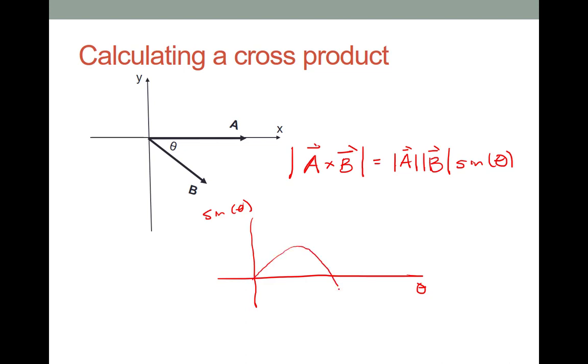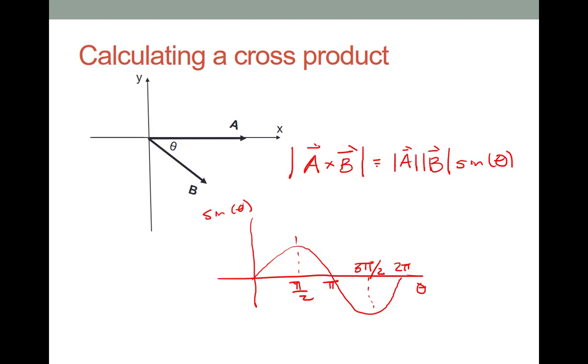It hits 1 at pi over 2, 0 again at pi, negative 1 at 3 pi over 2, and 0 again at 2 pi. Okay. So you can see here that when theta is pi over 2, sine theta becomes as big as possible, which means my cross product is going to be as big as possible.